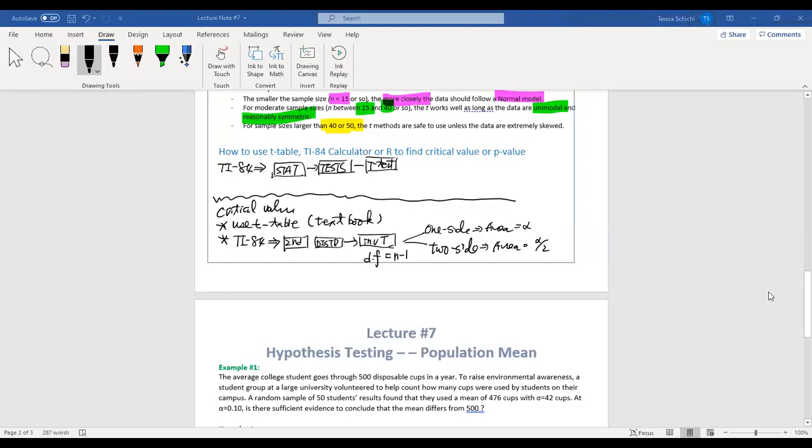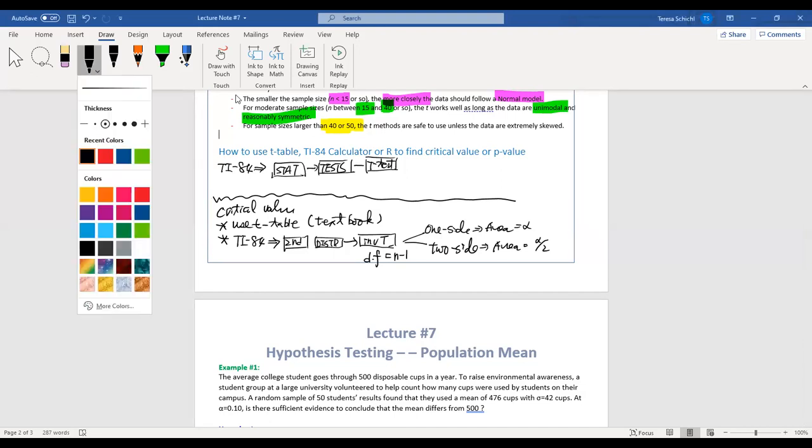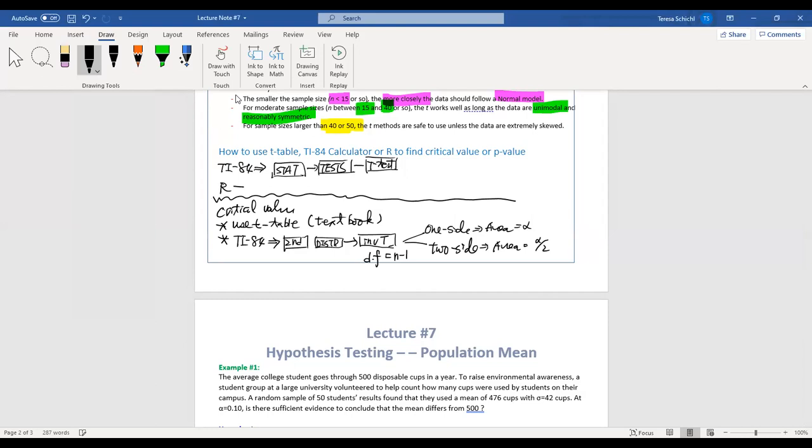Let's try to summarize it. In here we said you can use the TI-84 or you can use R, and the easy one in R is XPT. So you just say XPT, and then you input your values.